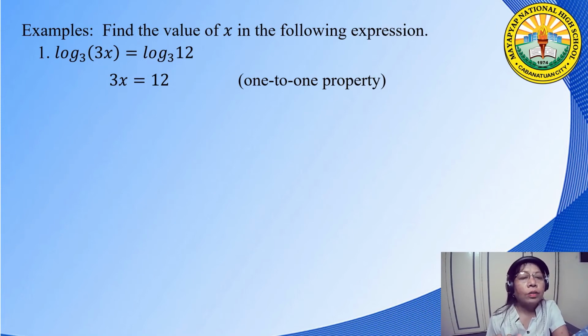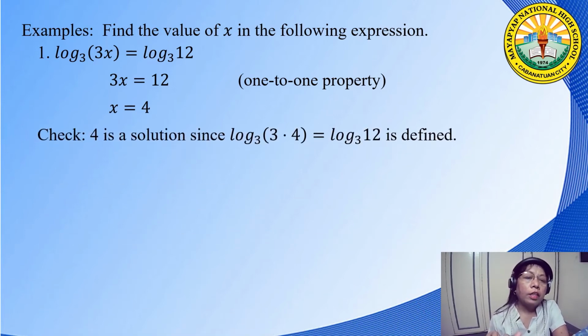So we have 3x equals 12, or x equals 4. Then check: 4 is a solution since logarithm of 3 times 4 equals logarithm of 12 to the base 3 is defined. Therefore, the value of x as 4 is correct.